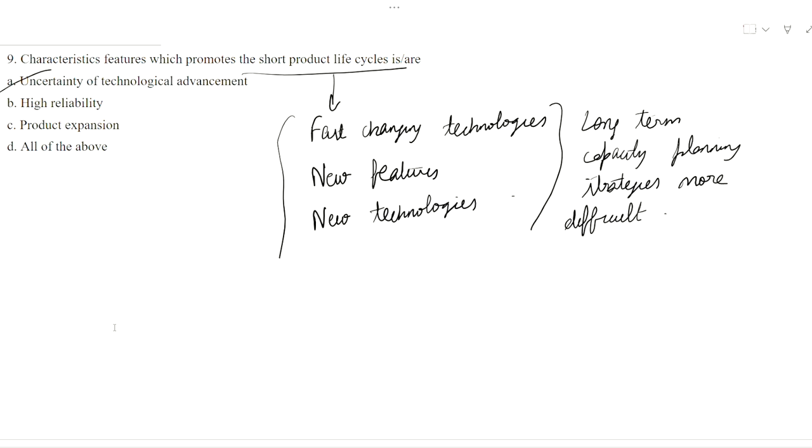Now, next we discussed short product life cycle and long product life cycle. Short product life cycle is for fast changing technologies, new features, new technologies. So here we are uncertain of technological advancement.